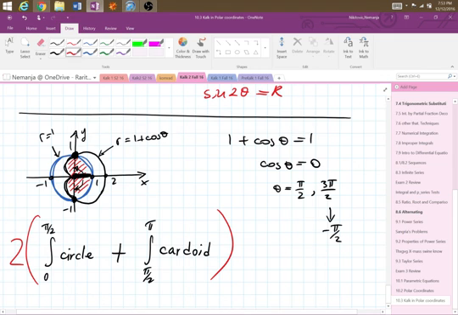Cardioid squared equation minus the circle squared equation from negative pi over 2 to pi over 2 or 0 to pi over 2 doubled. This is how cool this stuff is. But you have to get used to the representative pizza slice, which is going to go far and close. Far minus close from the origin.